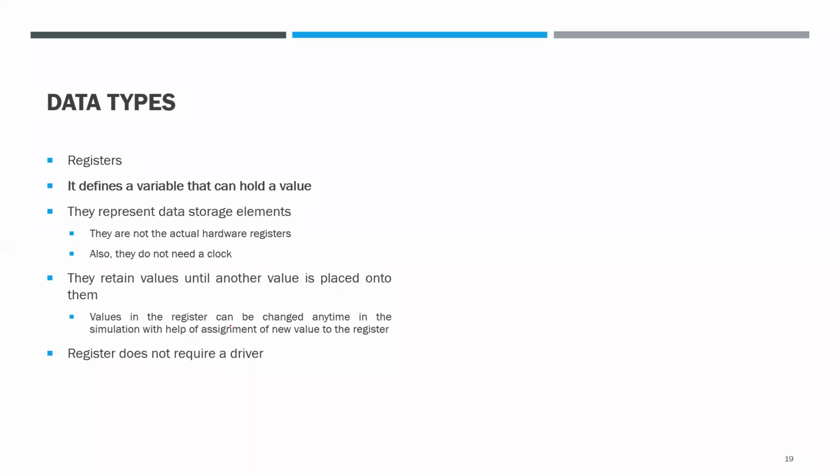That is what is important in the register data type. Apart from that, it does not require any driver for its value to be stored or retrieved. In hardware, a driver is required to read and write, but in this case it doesn't.